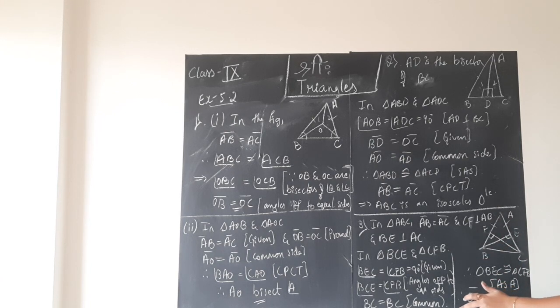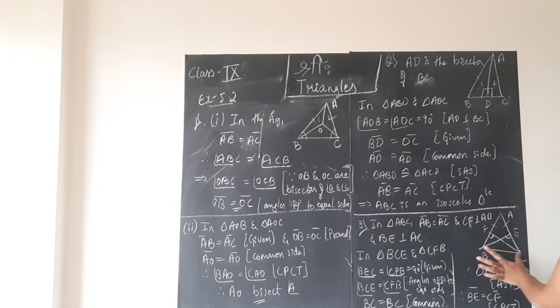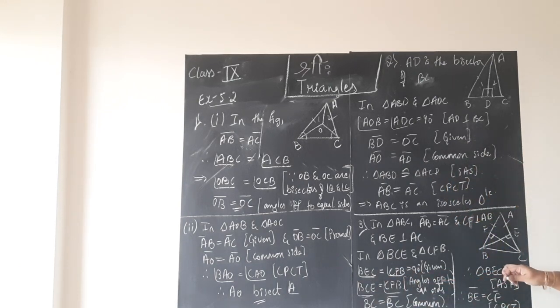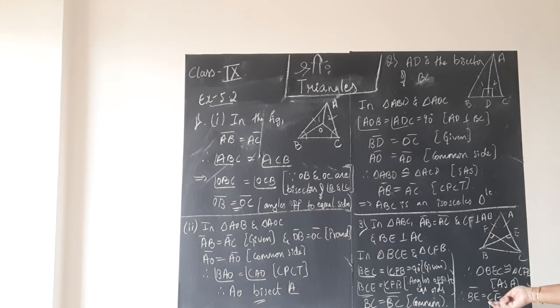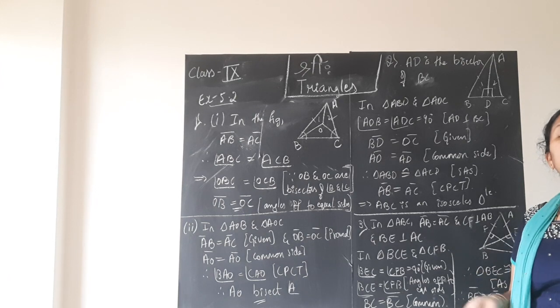AB is equal to AC. Now, angles opposite to equal sides is the reason. Now side BC is equal to BC. Why? Because that is again the common side. Hence we can prove those two triangles are congruent by ASA congruency. Two triangles congruent, now the remaining side BE and CF are equal by CPCT. BE is equal to CF, hence we said the altitudes are equal.